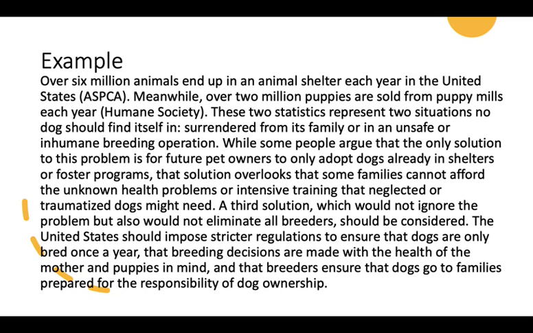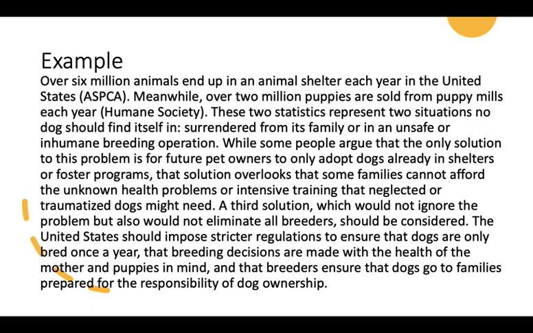So say my paper is about ethical breeding in the United States. My introduction might say, over 6 million animals end up in an animal shelter each year in the United States. Meanwhile, over 2 million puppies are sold from puppy mills each year. These two statistics represent two situations no dog should find itself in: surrendered from its family or in an unsafe or inhumane breeding operation.